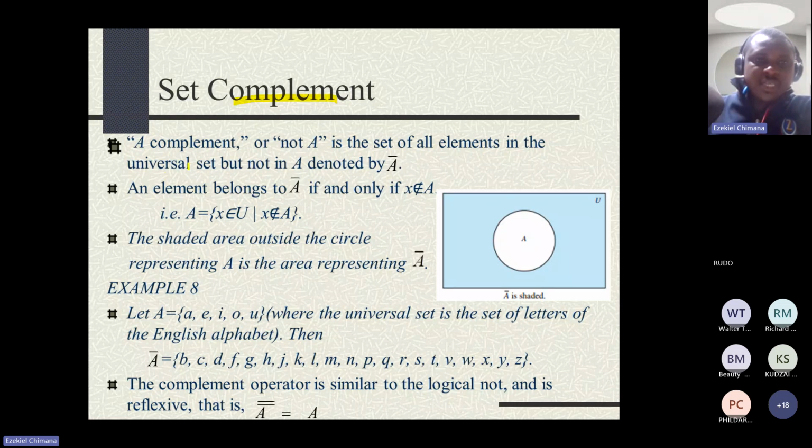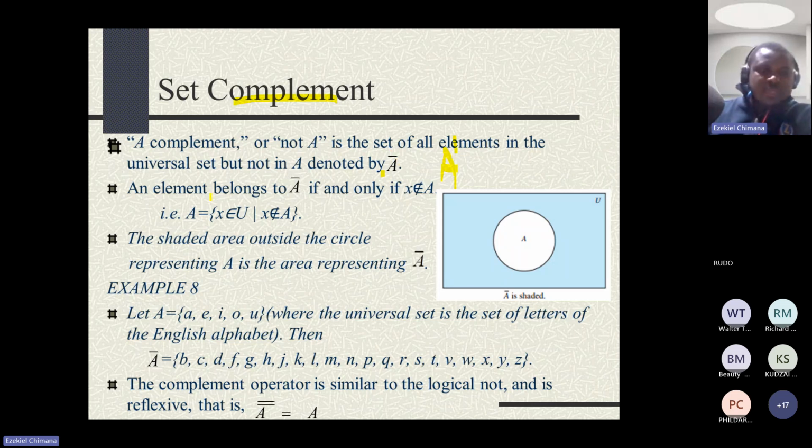So the complement, the set complement: the complement of A, or not A, is the set of all elements in the universal set but not in A, denoted by A bar, or it can be given as A with a prime, that's the A complement. Or you might be given A with a bar at the top.